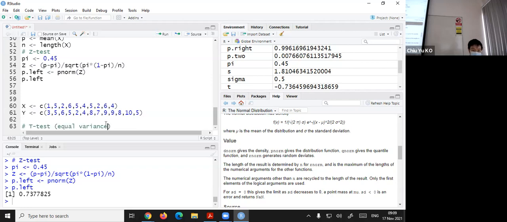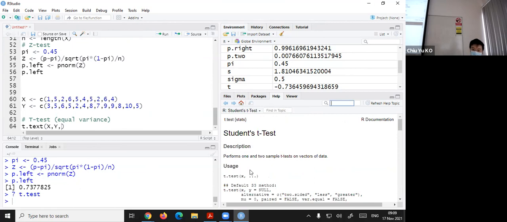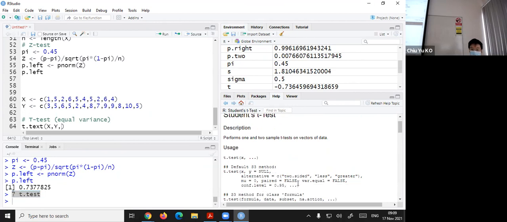And there will be t.test. Give the data X and Y, and if you forget the syntax, just type a question mark and t.test. Here on the right hand side, question mark t.test, and you can look at the syntax. X and Y, and we want the alternative equal to, I don't know, maybe a two-sided test.